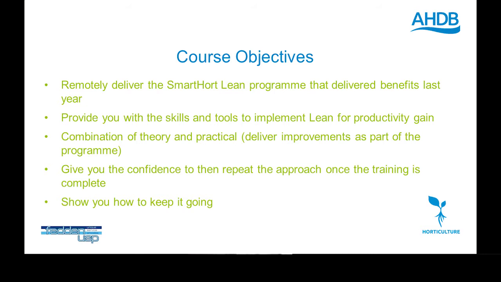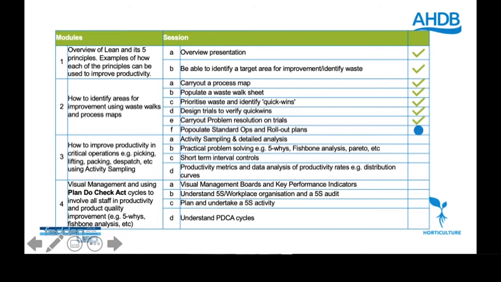In terms of the topics, this is a review of what we've covered so far in the 2 modules. Last week we were talking about trials and improvement trials, and in particular problem resolution charts. So when you're doing trials, how you log problems and how you then use those problems to identify more things that you can improve upon.